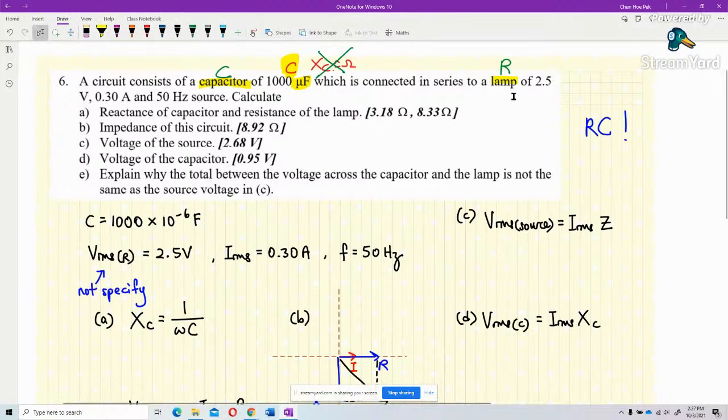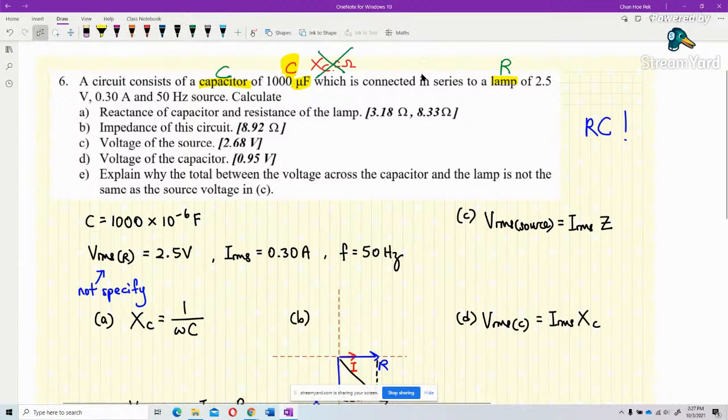Now this lamp is 2.5 volt, with a 50 hertz source. Is this 2.5 volt the source voltage or the lamp voltage? It is written just next to the lamp, so of course it is the voltage across the lamp, not the V source.